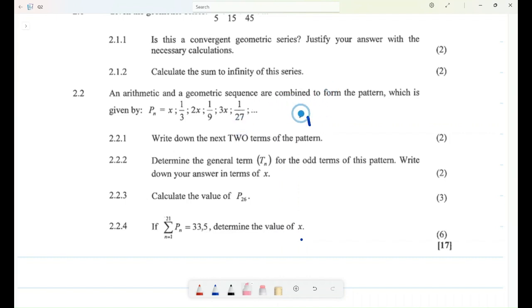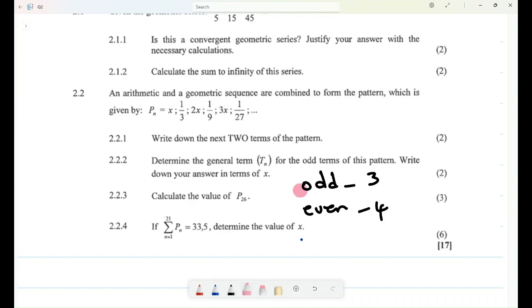Now, 2.2.2 says to us, determine the general term for the odd terms. Remember what odd terms are? I used to struggle with this, but take it like this: odd, even. How many letters are we having? In odd, 3; in even, 4.